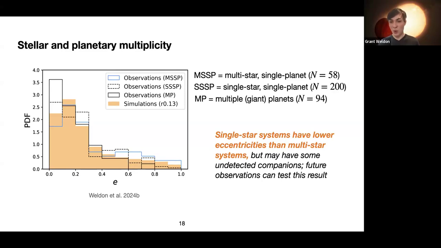Of course, in a system with multiple planets, the presence of a second planet could itself induce EKL on the other planet, although the exact nature of this interplay between these effects is a bit outside of the scope of this work. But altogether, these results, looking at the data with different planetary and stellar multiplicities, align with what we'd expect if stellar EKL is driving the eccentricities in these systems.